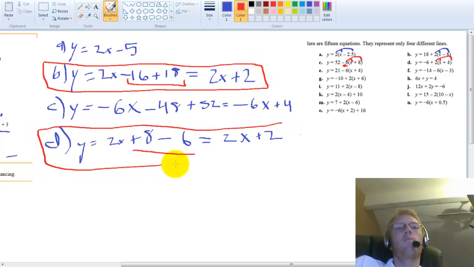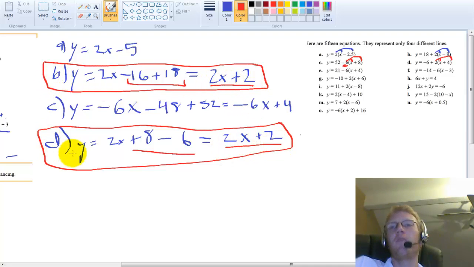Because they both simplified to be 2x plus 2, B and D must have been equivalent algebraic expressions. So this starting equation, y equals 18 plus 2 parentheses x minus 8, is exactly equivalent to D, right here, y equals negative 6 plus 2 parentheses x plus 4. So even though they look very different, they are equivalent expressions. And that's useful to find.